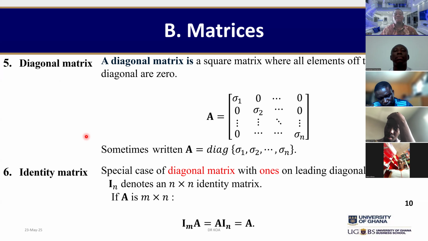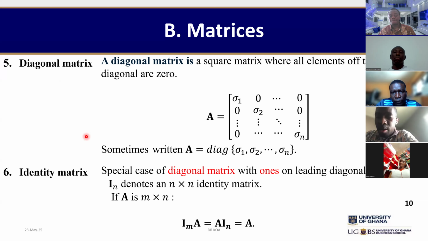How is that different from a square matrix? Yes, Aman. With a square matrix, the elements outside the diagonal do not necessarily have to be 0. What about the elements of the diagonal?